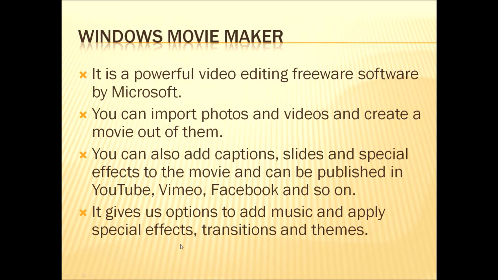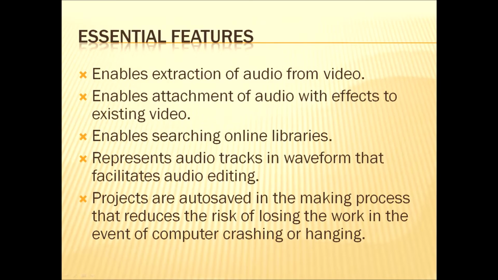From the available effects we can apply it. Then transitions and themes. Transitions means how the photos should move, and themes means what are all the colors, what are all the themes available. From that you can select any one of them and you can make your movie. Understood?